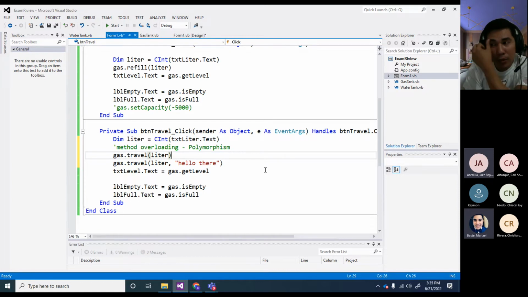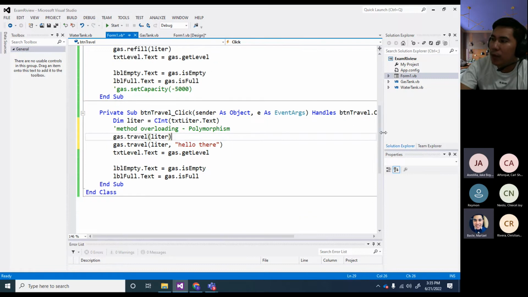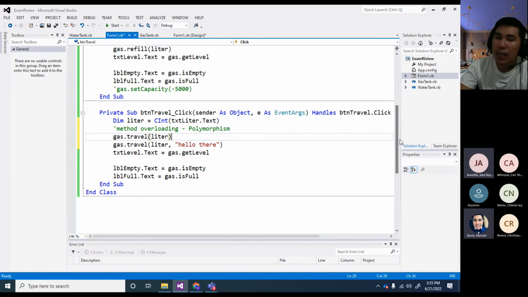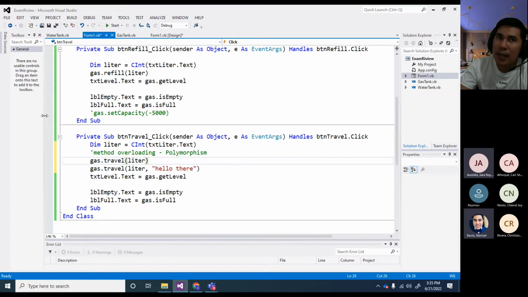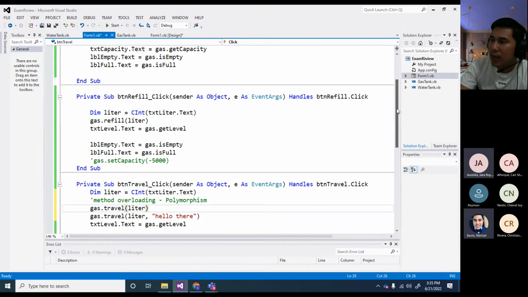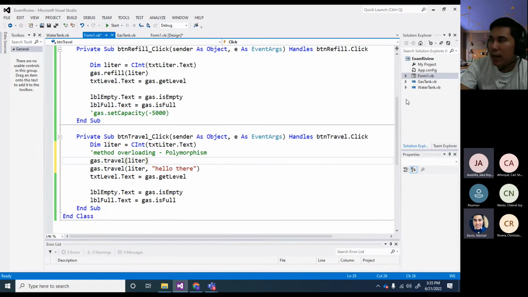The basic principles of OOP were already discussed. In module 2, I'm going to discuss advanced OOP principles together with system integration. Next time, we will create a module or class, and we will use it to connect or integrate our database server.